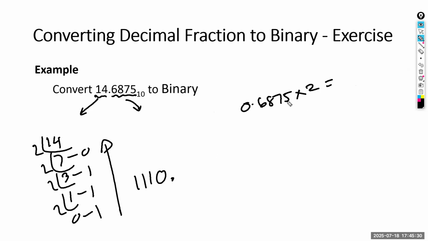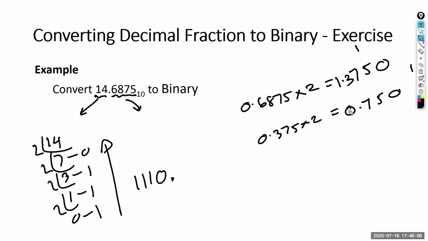Let's multiply. 0.6875 times 2 is 1.375. Now again take the decimal part, 0.375, multiply by 2, which gives 0.75. If there's no whole number part, just keep it 0.